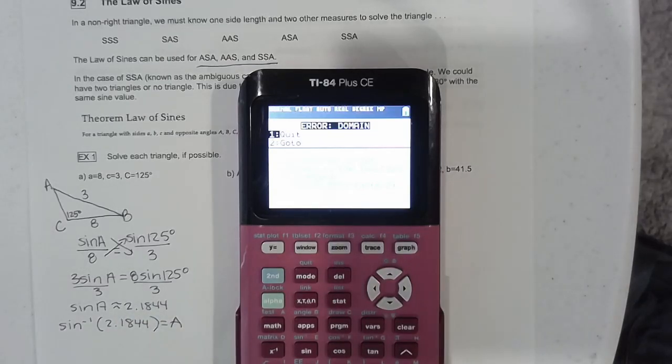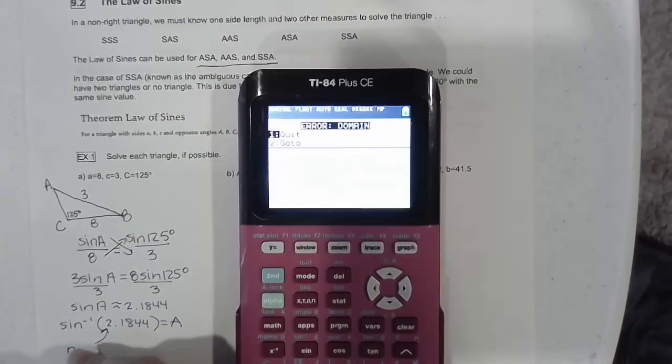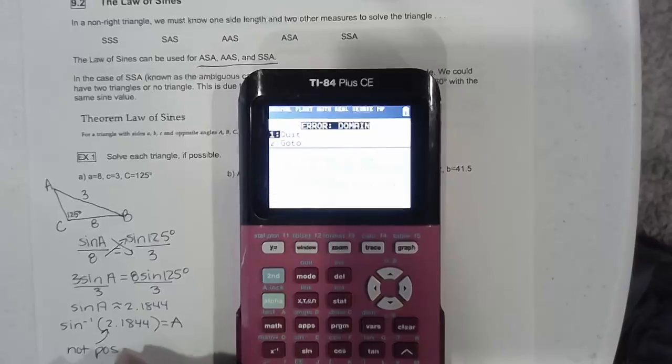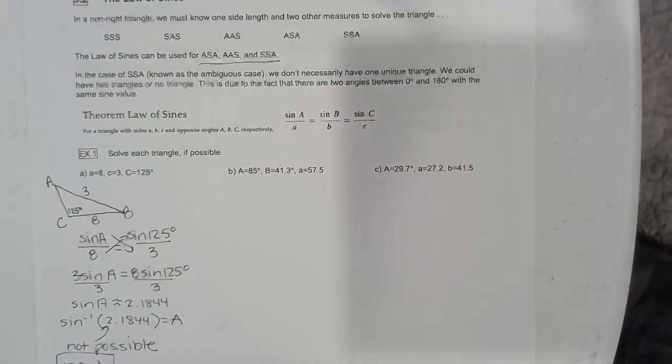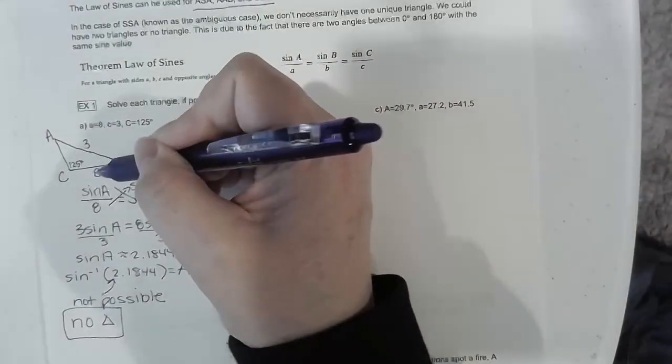There's not going to be an A angle value that is going to be able to have that as its sine. So since this is not possible, that means that this was a case where there's no triangle. So again, no triangle is only going to happen if it is a special case of the side-side-angle, right?